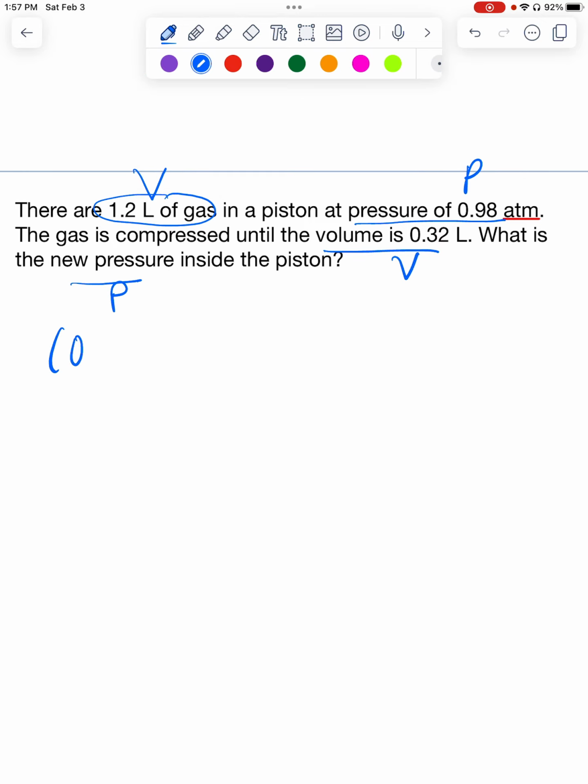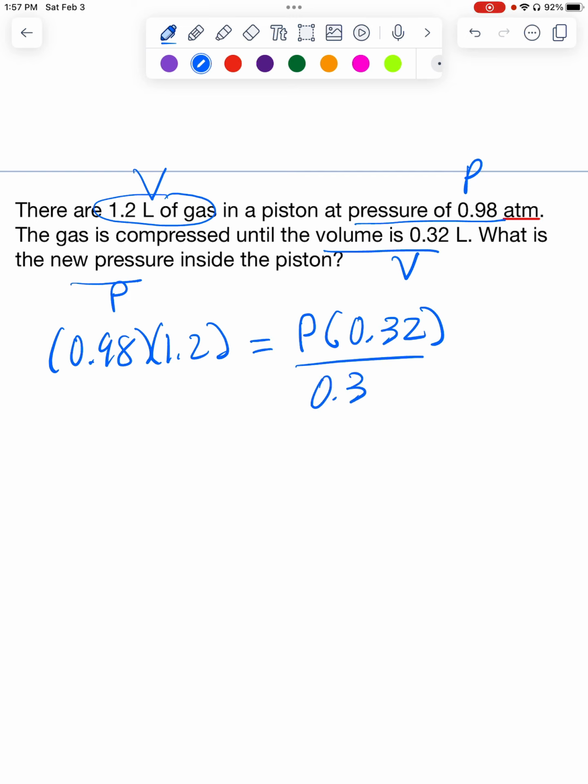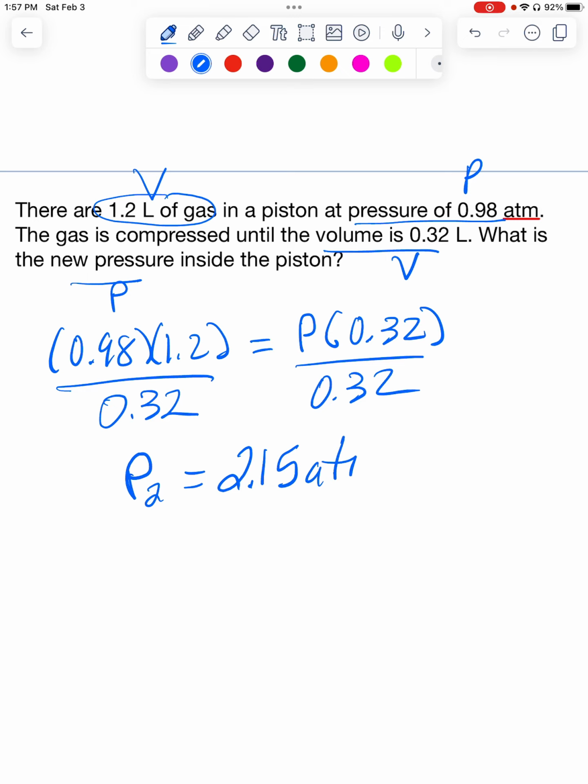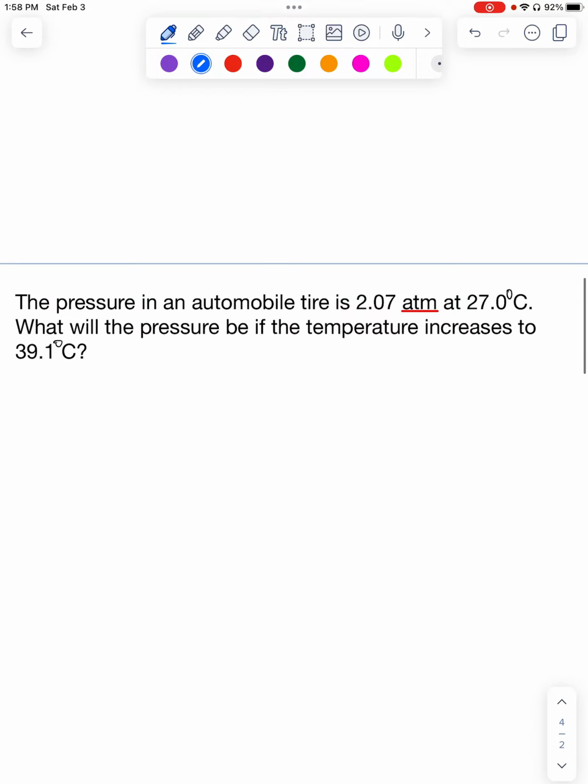So P1 is 0.98, V1 is 1.2 equals pressure times 0.32. Divide both sides, grab your handy dandy calculator, and you get P2 equals 2.15 atmospheres. Pretty nice.